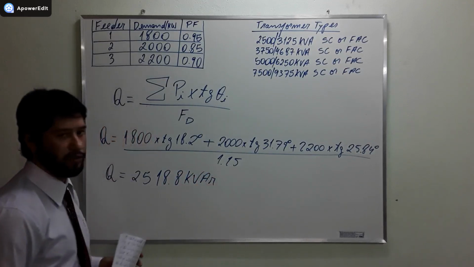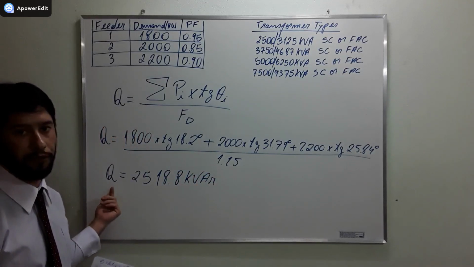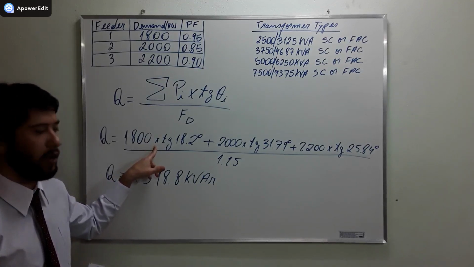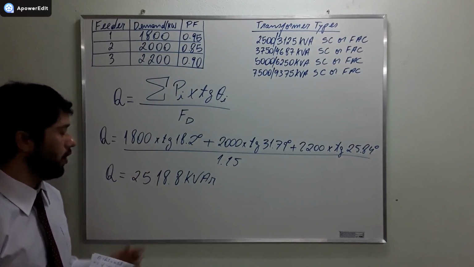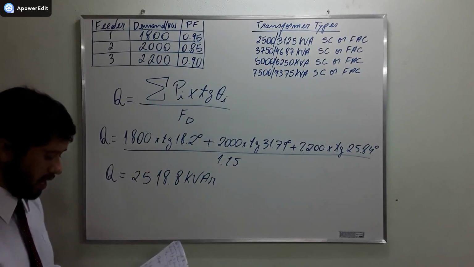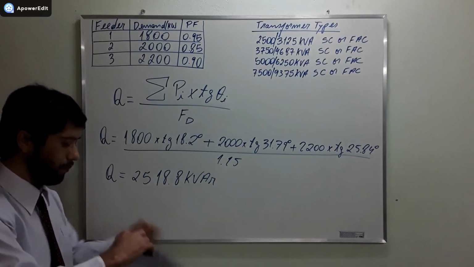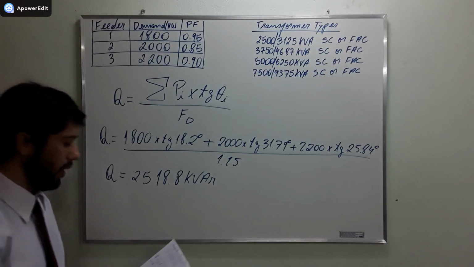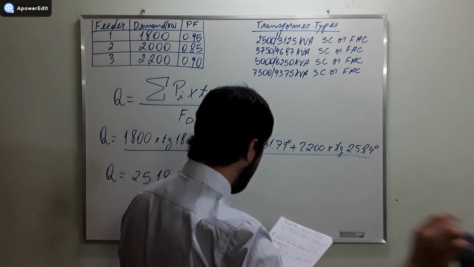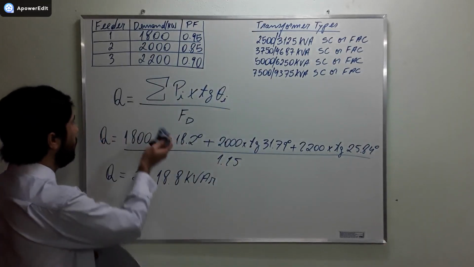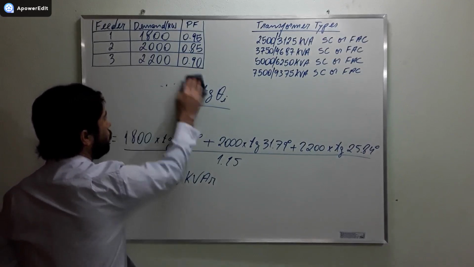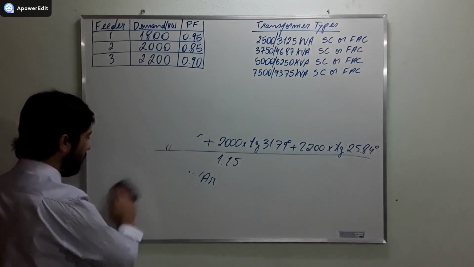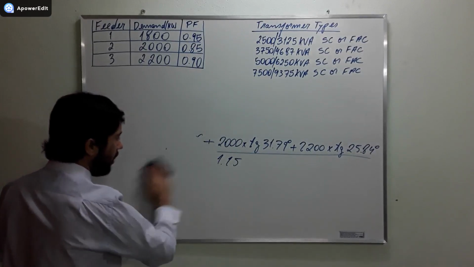kVAR. Did you guys understand the difference between the diversified reactive power and the individual reactive power? Okay, if you understand this, I can go to the next step, which is to calculate the diversified apparent power. And the diversified apparent power, or the demand, will be equal to, so let me erase this again, save these values here, okay, and then check later.